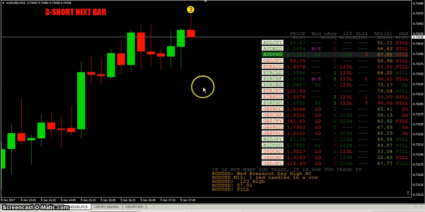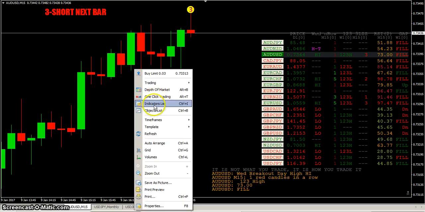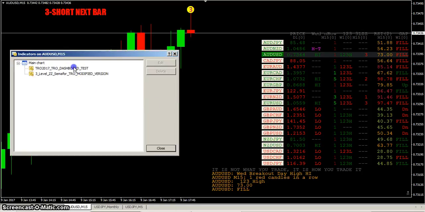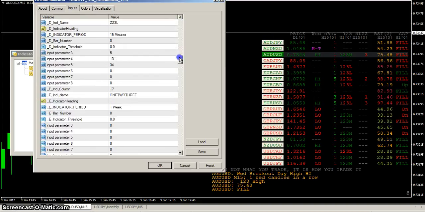So what we need to do here is add another column. A fellow trader was talking to me on the phone the other day, and he was saying how it'd be nice if he could see what happened the bar before. So let's just go into the indicator here, and let me show you how to do it.